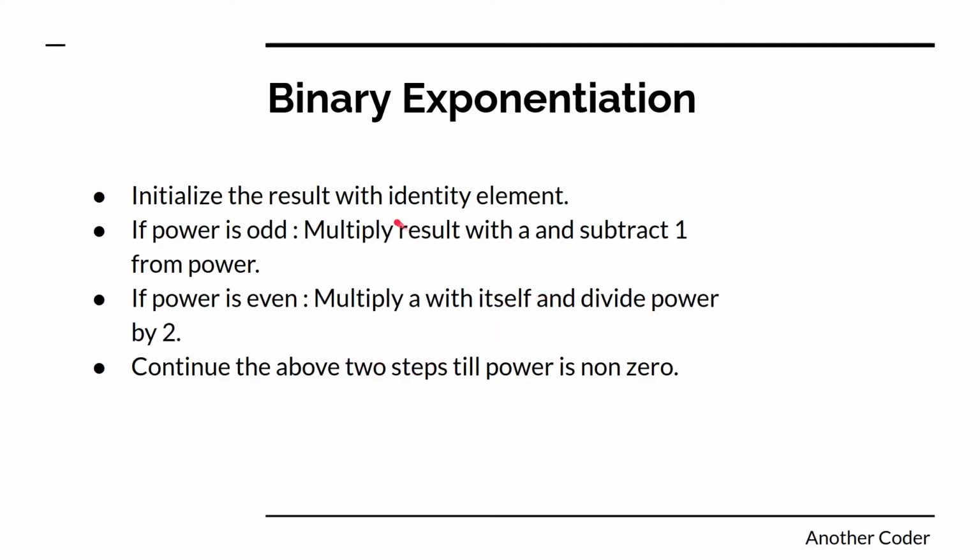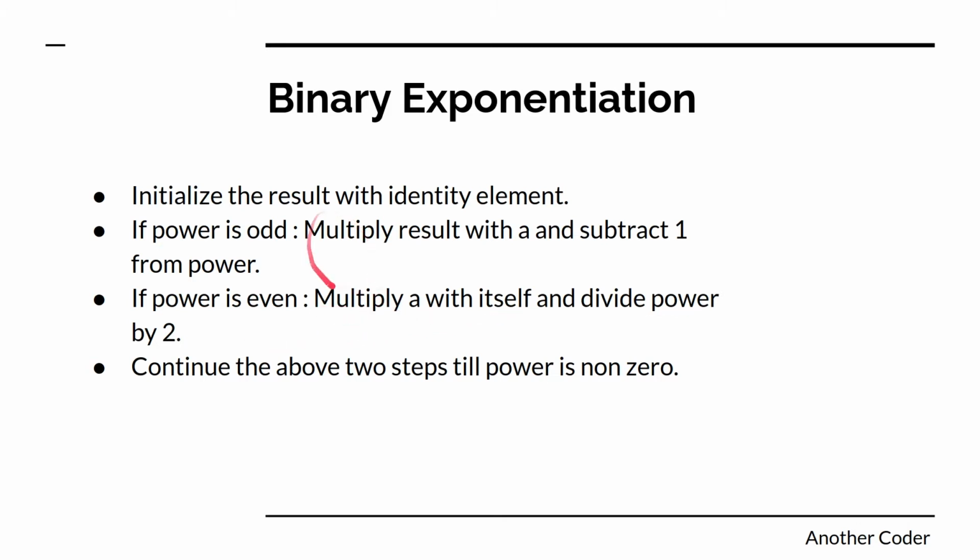These are the simple steps that we need to follow while doing binary exponentiation. The first step is to initialize the result with the identity element. In case of multiplication, the identity element is 1. Now these are the two main steps. If the power is odd, then multiply the result with a and subtract 1 from the power. And in case the power is even, then we need to multiply a with itself and divide the power by 2.